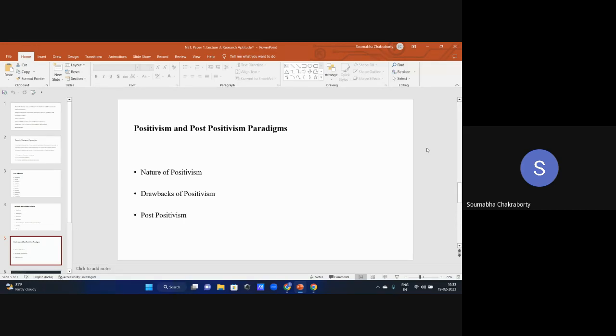Now, scientifically, positivism relies on a few aspects of science. That is, number one, they believe that science is deterministic, as science explains cause and effect relationships in nature. Secondly, science is mechanistic, as researchers develop hypotheses to be proved or disproved via the application of specific research methods.